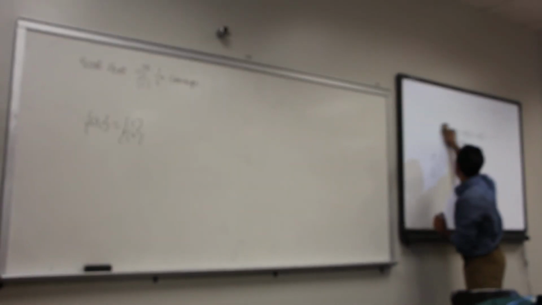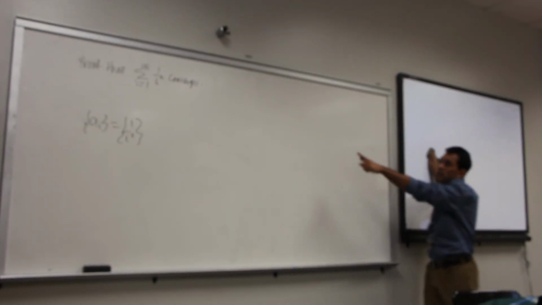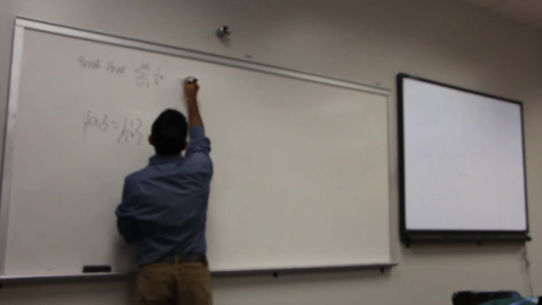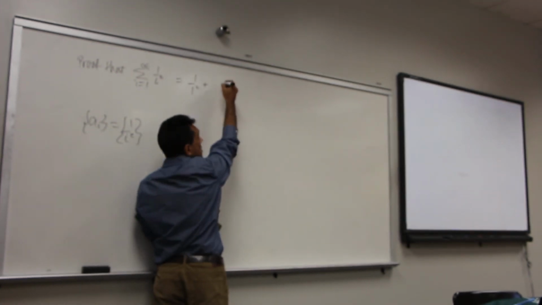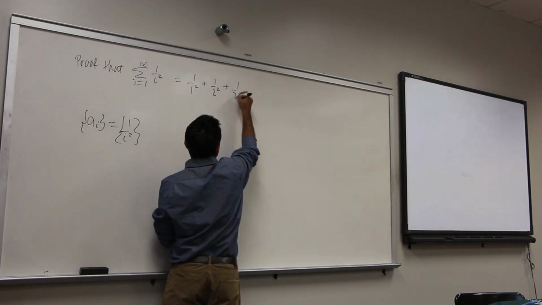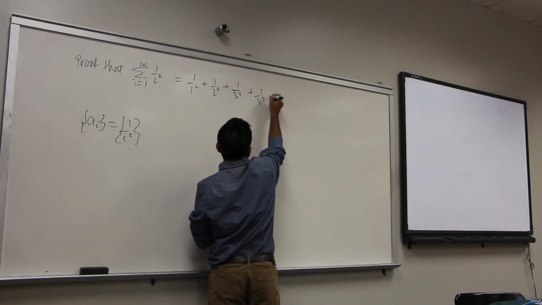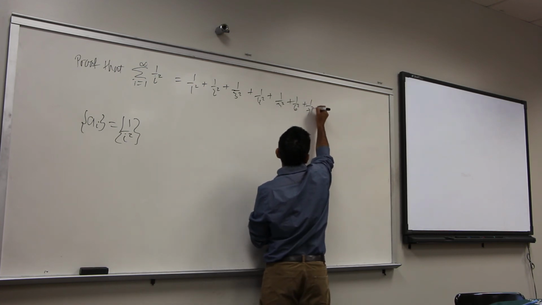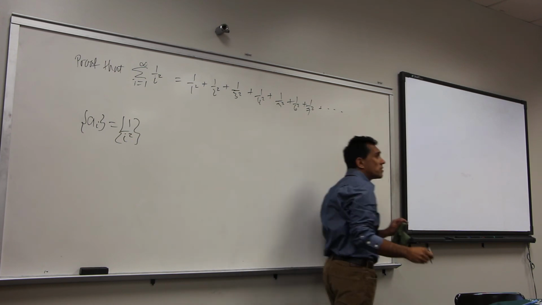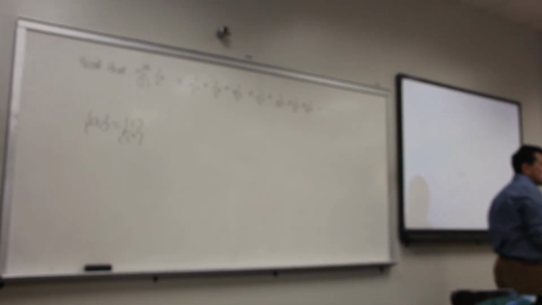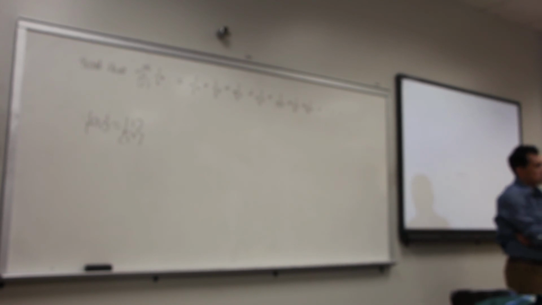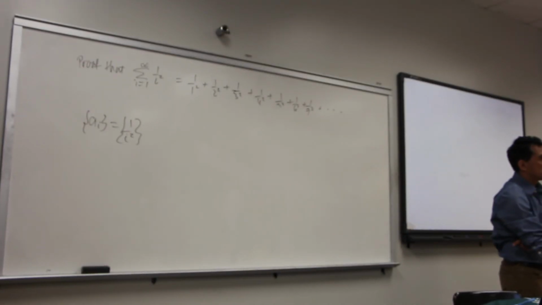Okay. Now I told you I'm going to prove to you that this thing converges. That is to say, this thing here. 1 over 1 squared plus 1 over 2 squared plus 1 over 3 squared plus 1 over 4 squared plus 1 over 5 squared plus 1 over 6 squared plus 1 over 7 squared, and don't stop. I'm going to prove to you that that number is actually less than 2. I don't know what it is, but I know it's certainly less than 2.